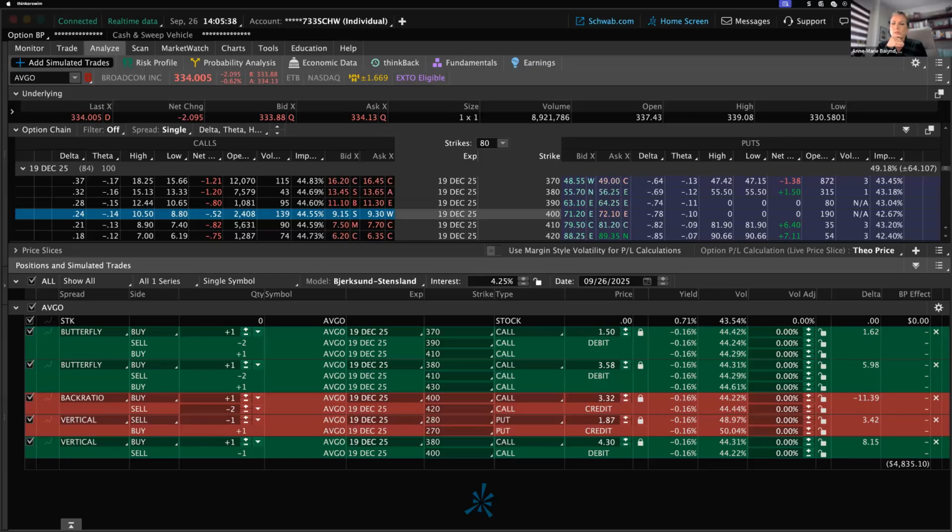TradeWave gives me a chance to see, all right, you can sell a put spread here with a high measure of reliability. Right now, this Broadcom short put spread has a 3% probability of going in the money. So 96.5% of the time, that's going to be out of the money. I'm going to get a full credit. I like those odds.